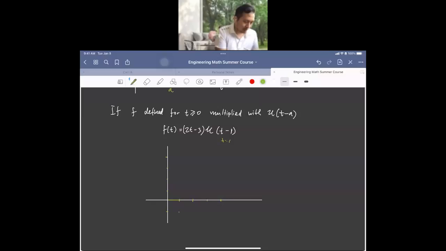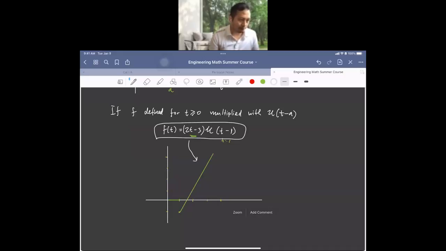And from t equals 1 upwards, it is going to be 2t minus 3, according to the linear equation. So this is the function defined by this. It will be directly turned off at t equals 1.